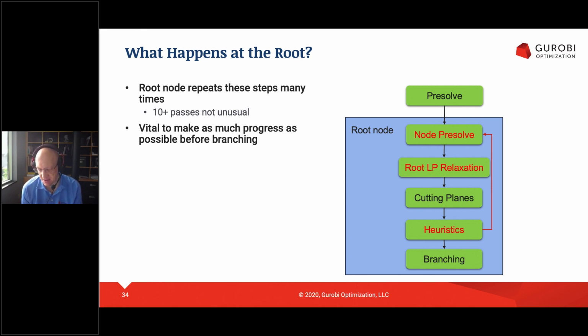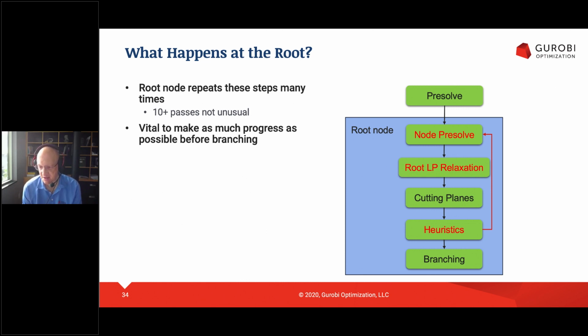This is different from what happens at the nodes, because at a node, the difference between the current node and the parent node is that we've added one bound. We have a basic solution to the parent, so it's typically cheap to re-optimize. You add a bound, apply dual simplex, typically do a few dual simplex iterations, and you have a new optimal solution for your child node. In the case of the root, we don't have an initial solution, so we have to solve that problem from scratch. It's just more expensive.